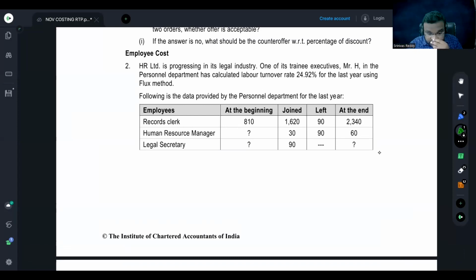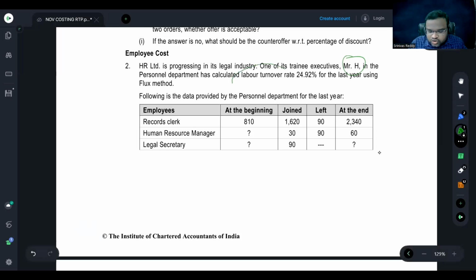HR Limited is progressing in its legal industry. One of its trainee executives, Mr. H in the personnel department, has calculated labor turnover rate of 24.92 percentage.